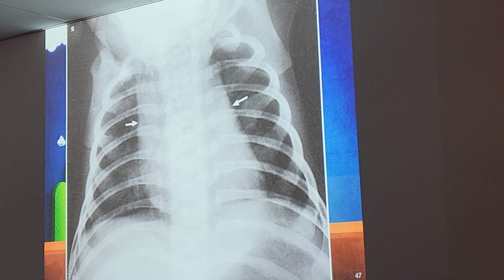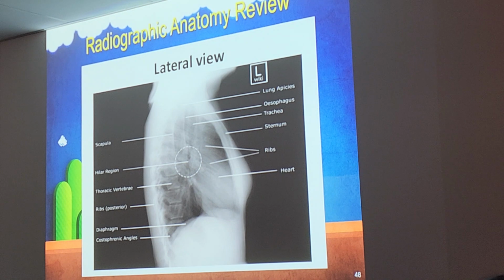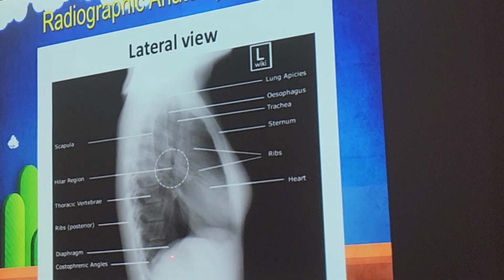We digress. Good lateral view there. Look at all that stuff we can name. That one's labeled for you, but that's just an example of all the things that we can label on a lateral chest. So when it comes to apices, I want y'all to pay close attention. On the PA or AP chest, we can indicate sides, right?